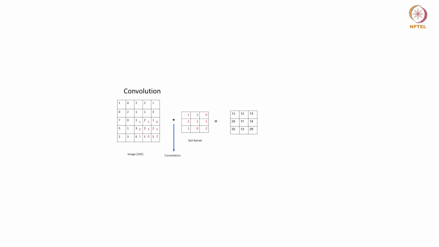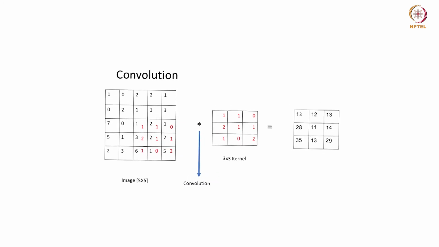One thing you have to notice is that you started off with 5 cross 5. Now your output has only 3 cross 3 elements.